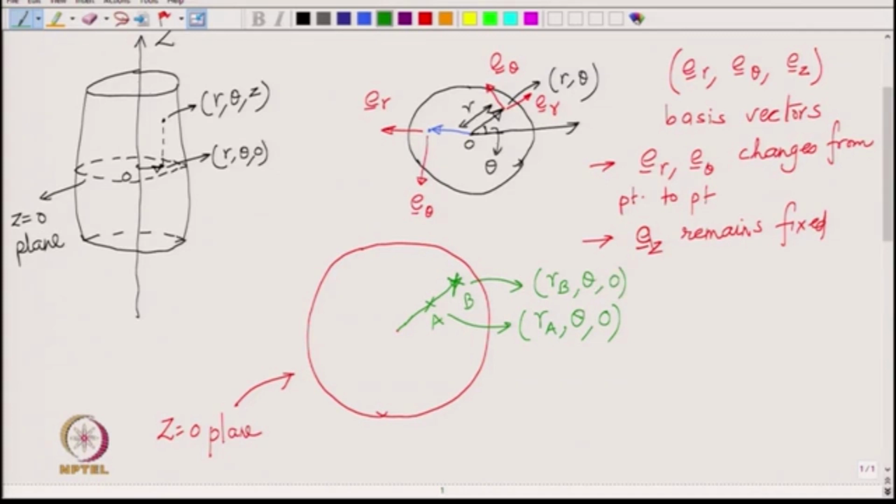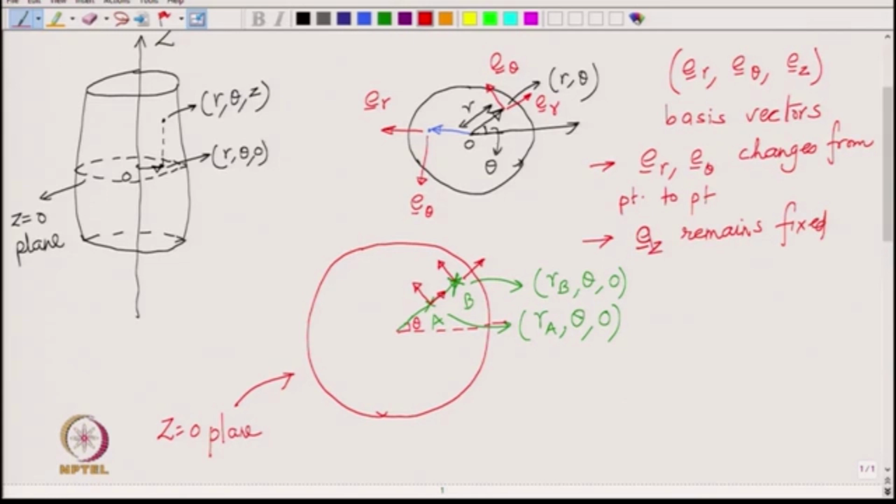But what are the E r and E theta associated with the 2 points? For both of them, E r is radially outward, it is the same E r, and E theta is in the direction of increasing theta. So, for both the points, E r and E theta are directed in the same direction. And why did it happen? Because for the 2 points we have the same theta. If you measure your theta from the baseline, then theta is the same for the 2 points.